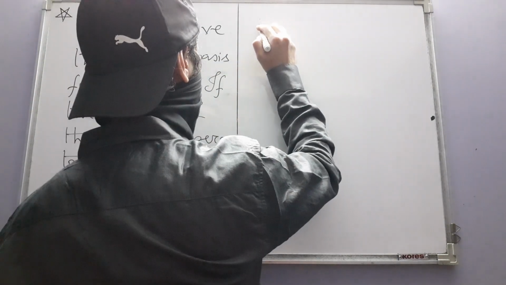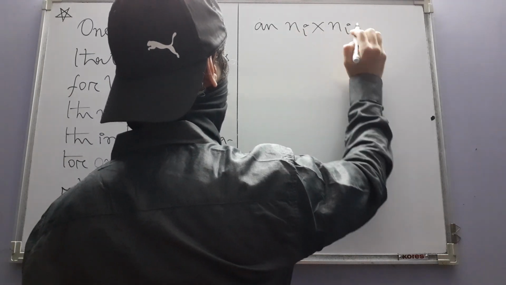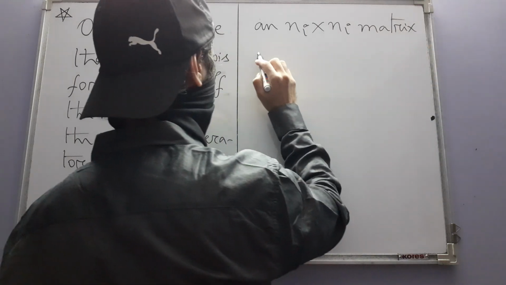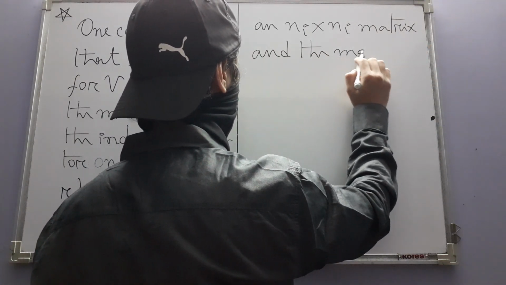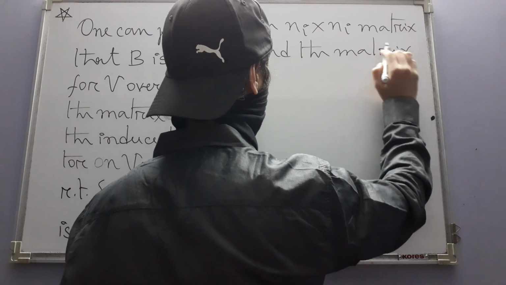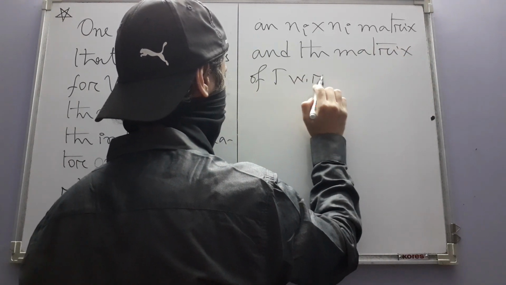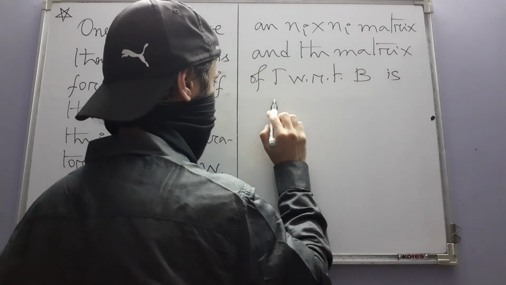Ai is an Ni by Ni matrix, and the matrix of T with respect to B is this.